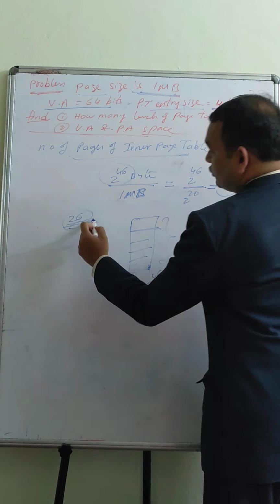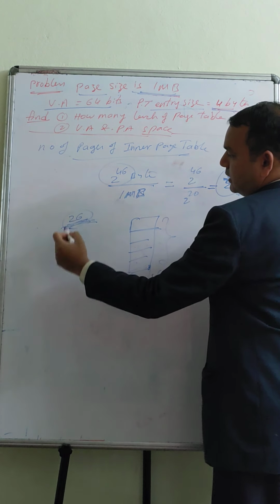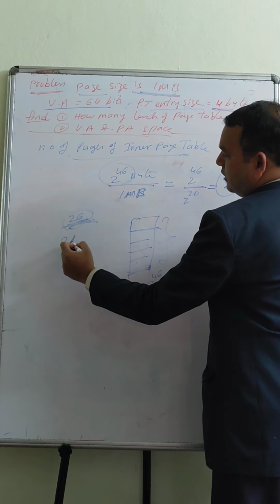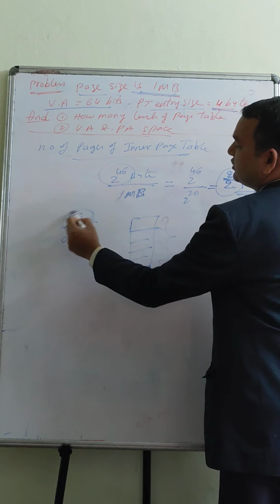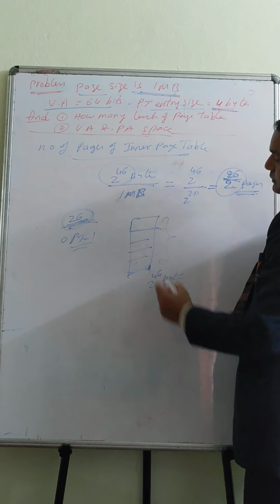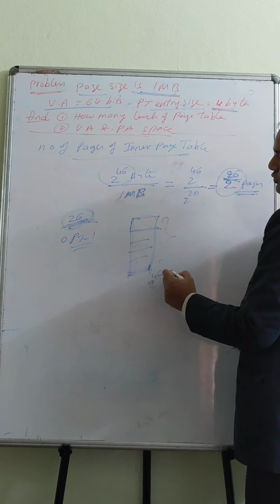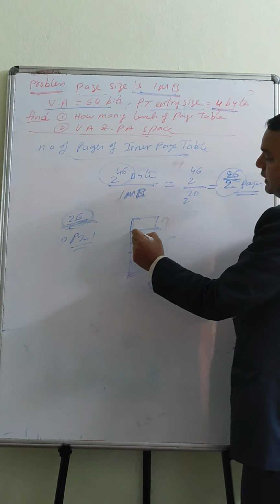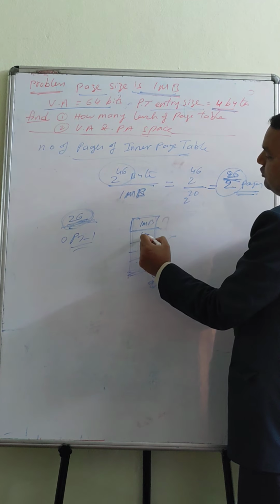Why are we storing 26 in the outer page table? Outer page table 1 will store these 26 bits because these 26 bits represent this entire memory of 2 power 46 bytes, since it is divided into pages of 1 MB each.